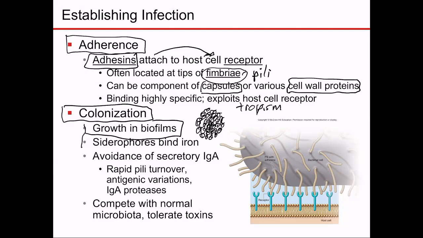You may find that some of these pathogens will bring with them proteins that we call siderophores that are able to bind iron. Why? Well, if you recall when we were talking about innate immunity, part of our innate immunity are the proteins and enzymes that we produce in that first line of defense. Together with the physical barrier of the epithelium, we also produce some antimicrobial molecules, some proteins, some enzymes.